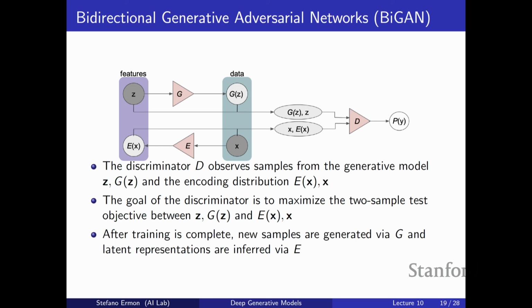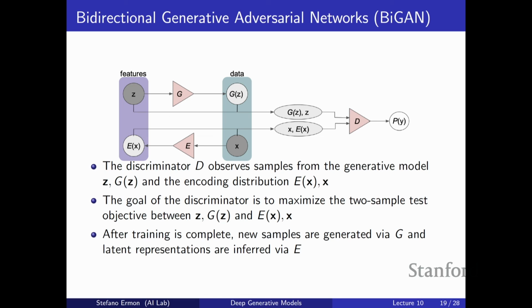And so effectively the encoder is inverting the generative procedure. So it's very similar to a variational autoencoder, except that E is a deterministic mapping and is not trained by minimizing KL divergences, like in the ELBO, but is trained by minimizing some kind of two-sample test that is being optimized by a discriminator. But it's the same sort of high-level intuition.